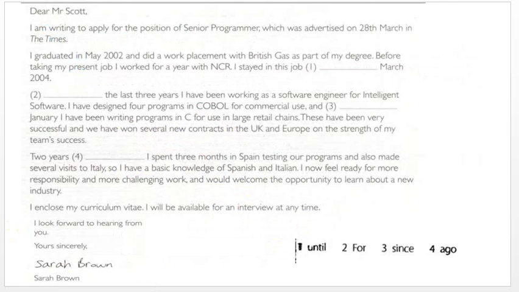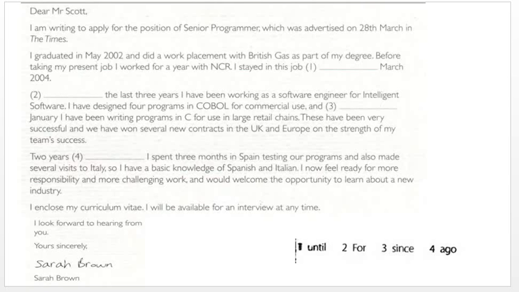And let's start with reading the letter. Please try to learn something from this letter, because it's very important if you want to write your own application letter. Dear Mr. Scott, I am writing to apply for the position of senior programmer, which was advertised on 28th March in the Times.